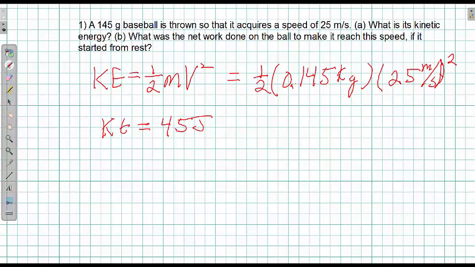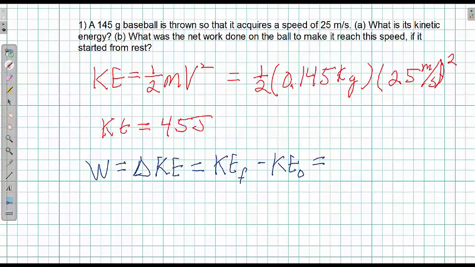The second question was asking, what is the net work done on the ball to make it reach this speed if it started from rest? So it started from a velocity of 0. Now remember, our work is going to equal the change in kinetic energy: the kinetic energy at the final moment in time minus the kinetic energy at the initial moment in time.